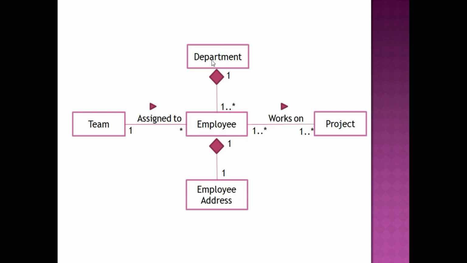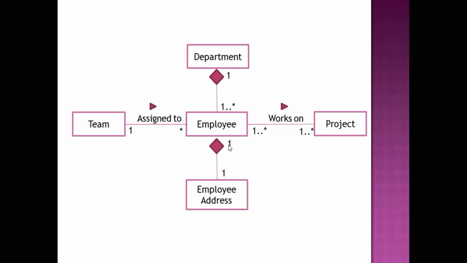As you can see, it is a class diagram with the Department, Employee, EmployeeAddress, Project, and Team entities. Let me explain the relationships between these entities. One department has many employees.